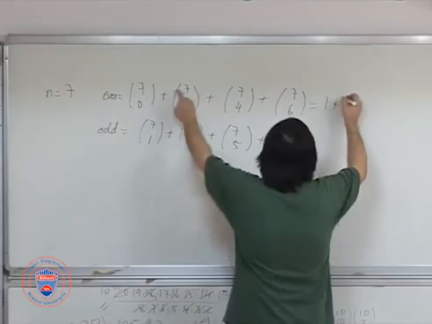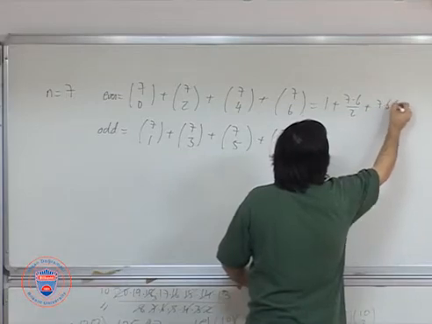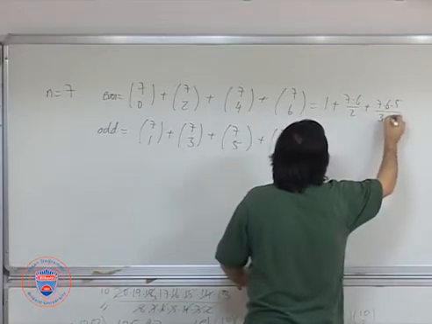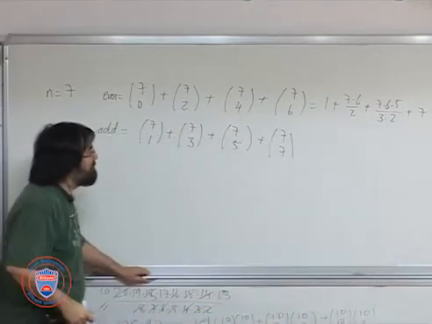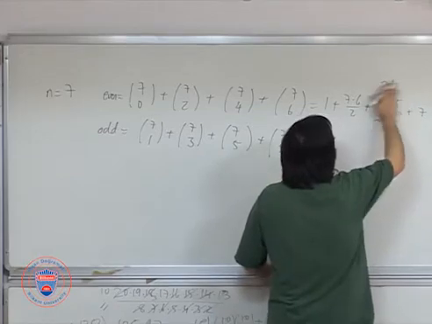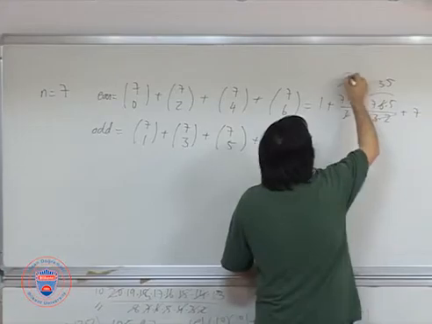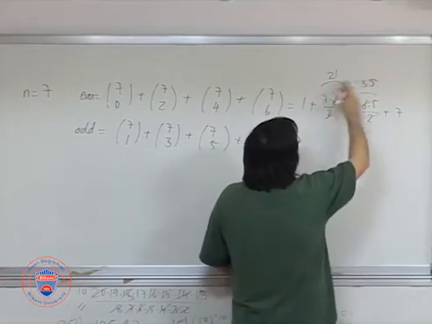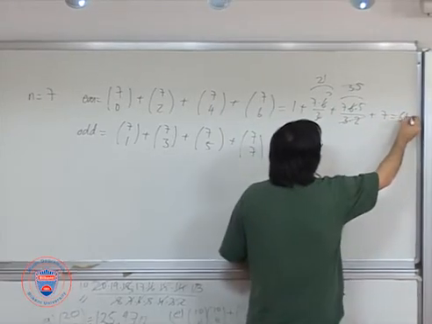This is 1. Let's calculate it. This is 35. This is 21. So 56, 8 more, 64.